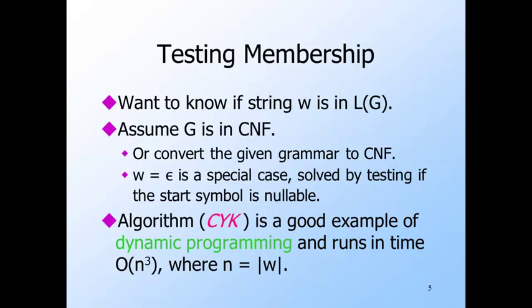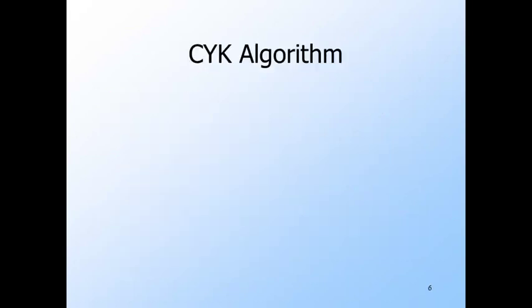The running time of the algorithm is of the order of n cubed, where n is the length of the input string W. Incidentally, there is another algorithm due to J. Earley that also runs in time order n cubed, but on an unambiguous grammar, Earley's algorithm is faster. It's order n squared. However, the CYK algorithm is much simpler, and as I said, worth studying because it is a model for so many useful dynamic programming algorithms. So that is the one we're going to learn.